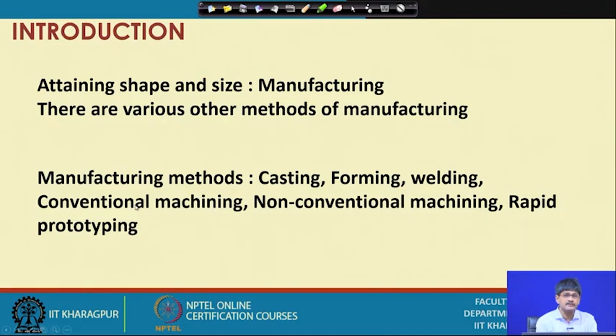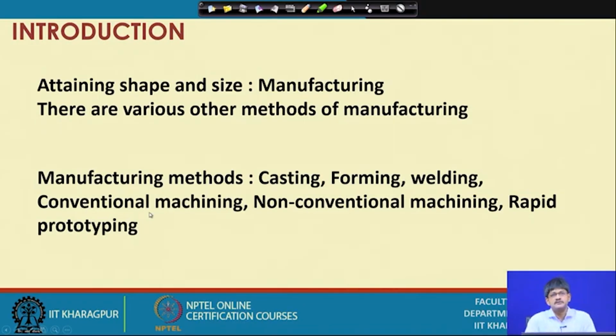Why are we calling it conventional? Because we are going to apply certain practices. There will be particular types of material removal which can be categorized under a single principle of material removal, and that we are calling conventional.